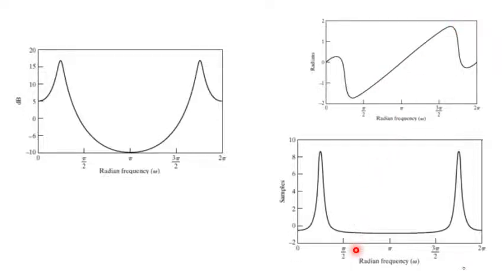Similarly, for the case of the group delay, we have maximum delay, that is around 9 samples, and again we have the peak roughly between 3 pi by 2 to 2 pi.